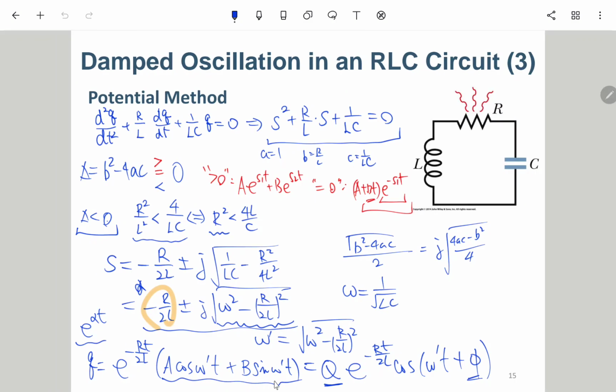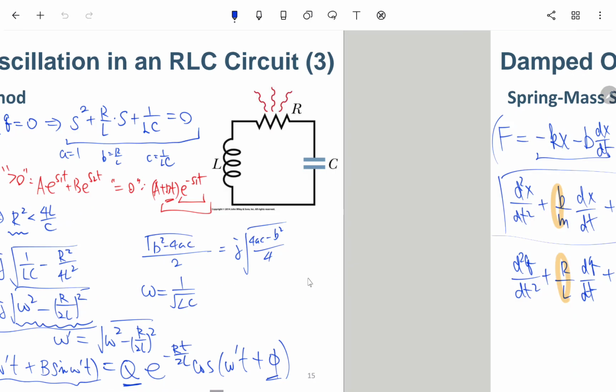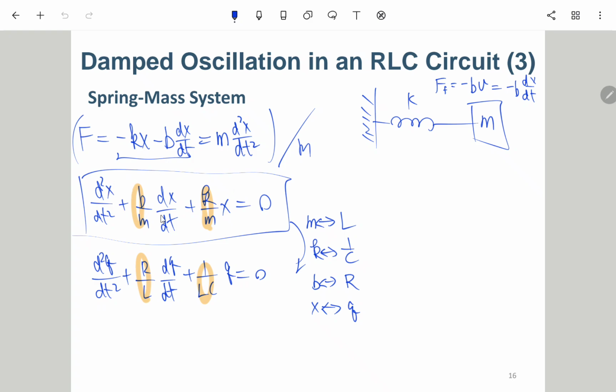Then we can change the variables like this, and this equation will be suited for the spring mass system with friction.